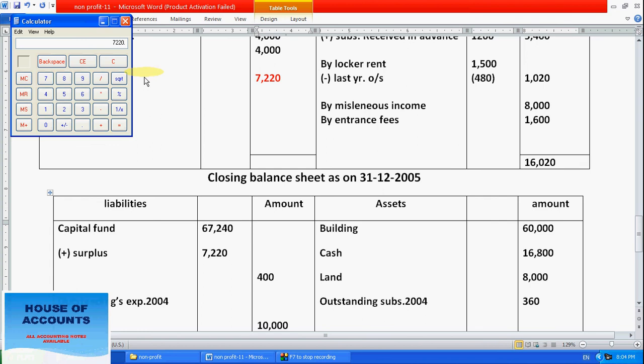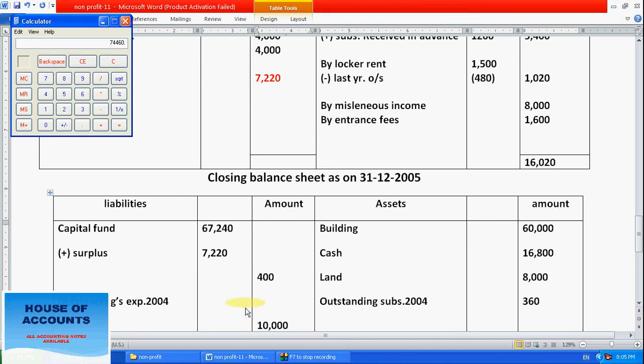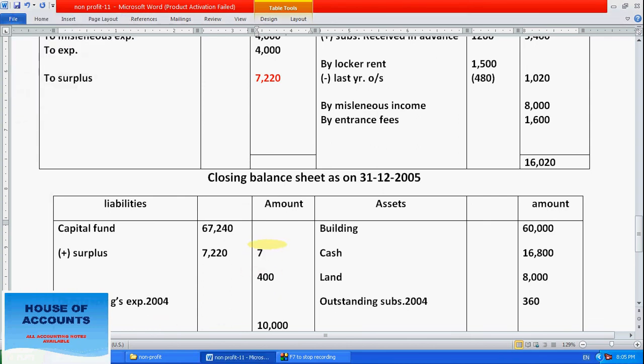Now calculate everything. The 7,220 plus 67,240, overall how much? So 74,460, right? 74,460. Okay, this will come here.